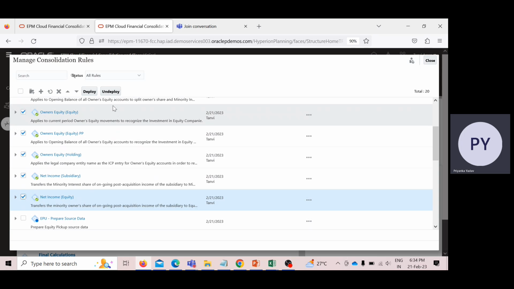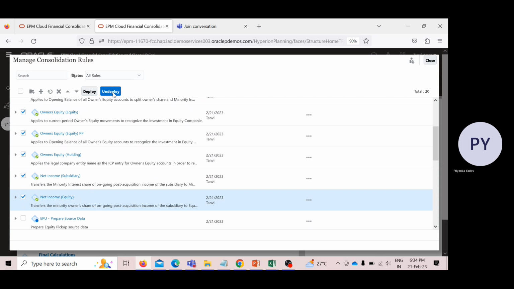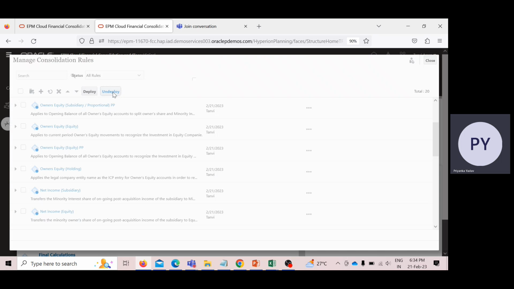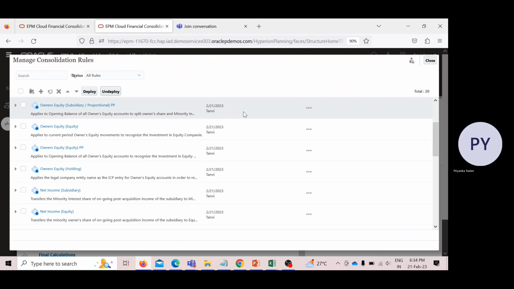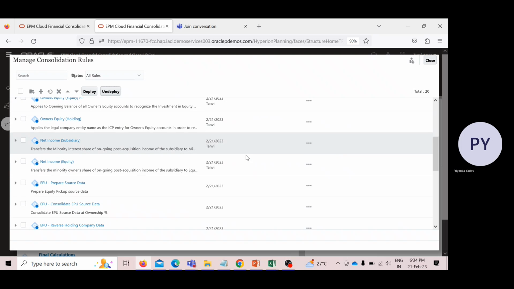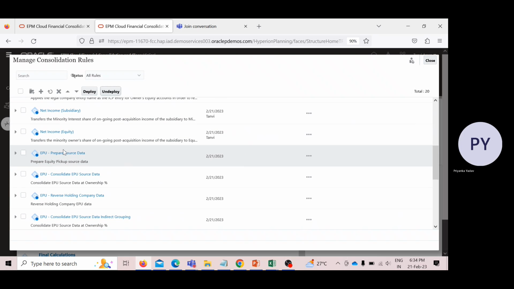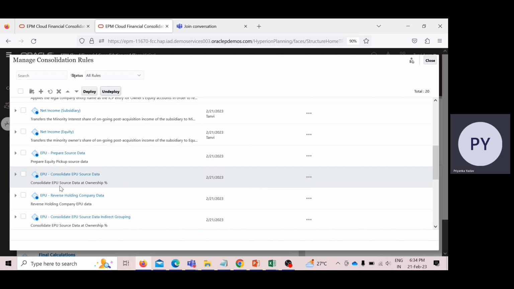These 9 rule sets have been enabled since I checked in ownership management over there. Besides these 9, there are 4 equity pickup seeded rules.